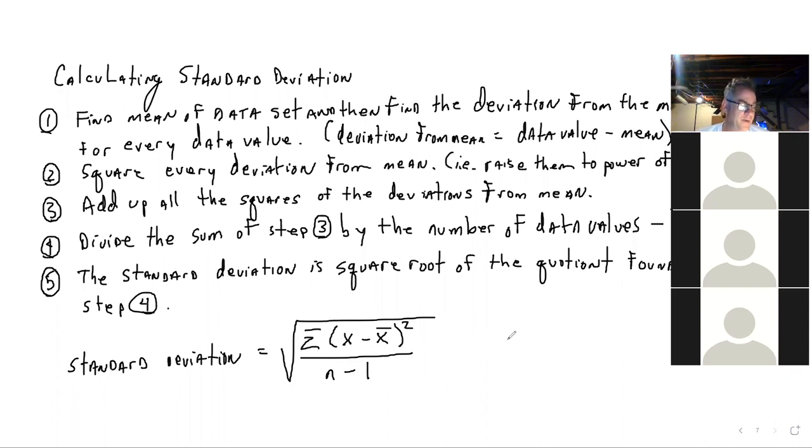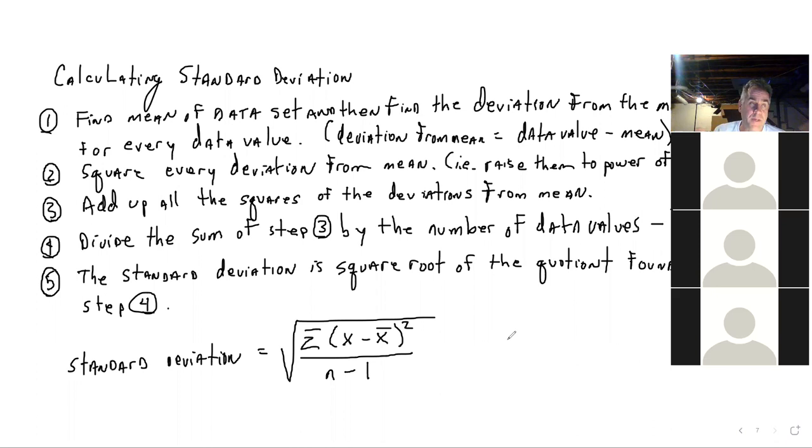Now, just so we're aware, if you do this by hand, it's time consuming, because you've got to go through and find the deviation from the mean. Depending on the size of the data set, for 11 data values, that's still going to take a little while.